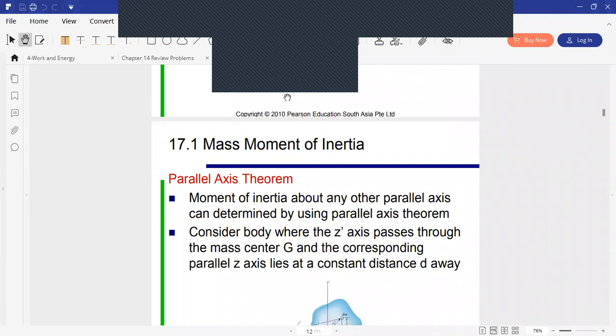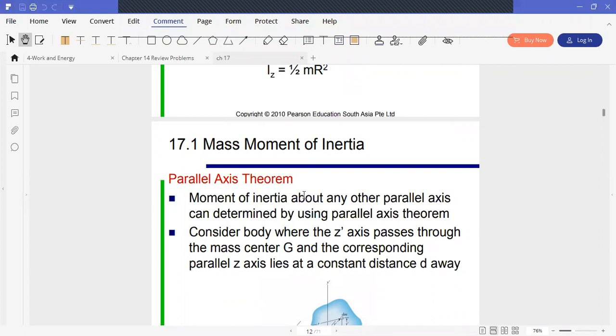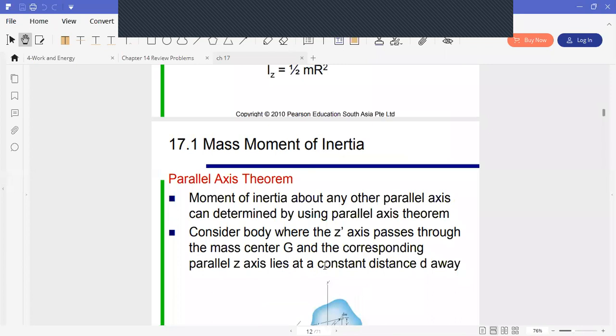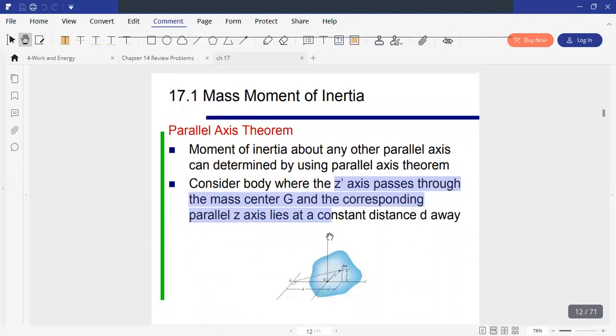Now when we want to calculate inertia about an axis that is not passing through the centroid of the body, we can use what is called the parallel axis theorem. For example, I have a body, and I know the inertia about the axis passing through the center of mass of this body.